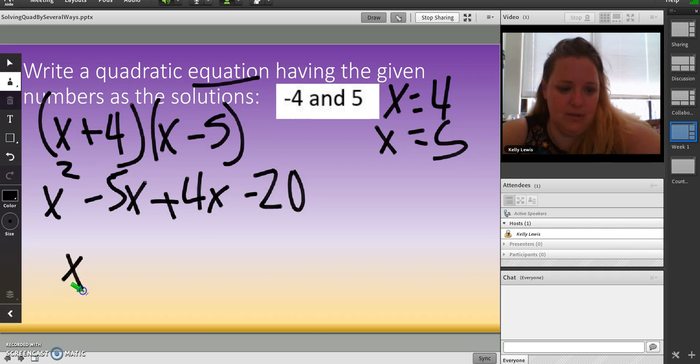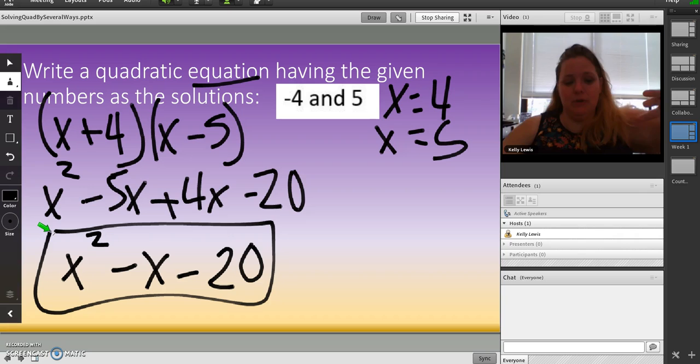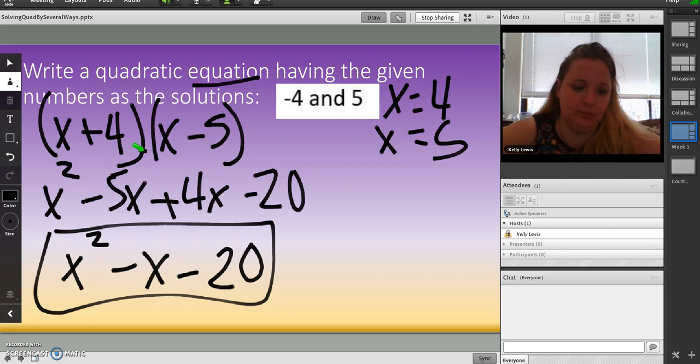And then just simplify. So x squared negative x, which is really negative 1x, minus 20. That's it. And so this brings us full circle into factoring, multiplying it out. Brings us full circle into the course.